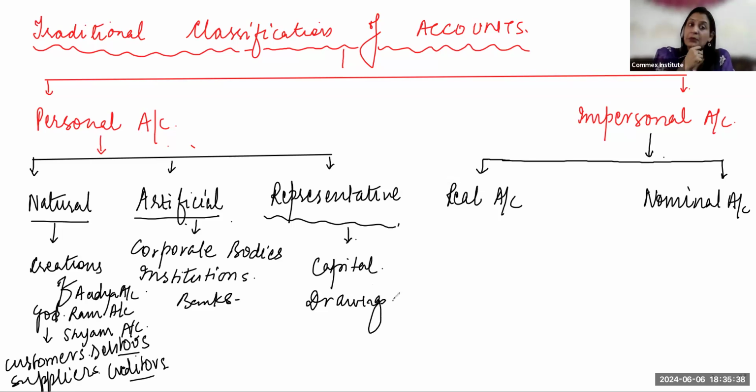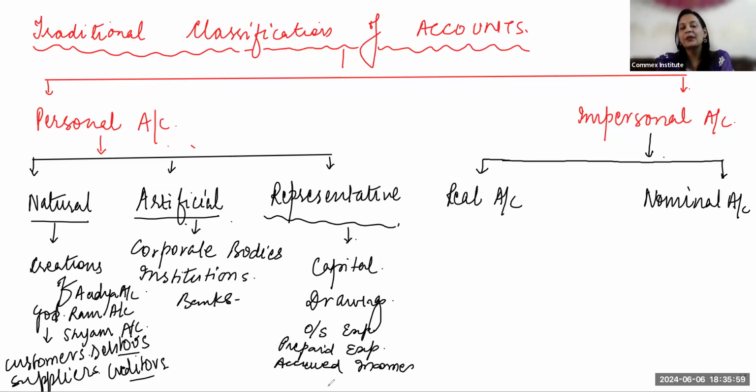Here, I'm telling you to write all the outstanding expenses, prepaid expenses, accrued incomes and unearned incomes. Again, those 4 terms create a lot of problem. I will ask again, half of you must be knowing what you mean by outstanding expenses, prepaid expenses, accrued incomes and unearned incomes.